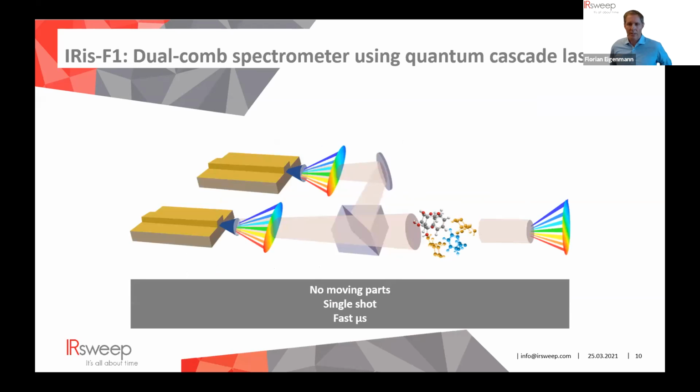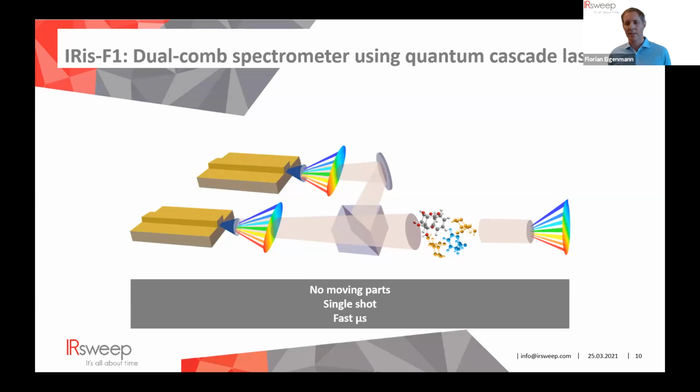I will not go into details on the 2 frequency combs, but there are 2 laser combs, which are mixed on a beam splitter and detected on a high bandwidth MCT detector. Each pair of those optical modes produces a radio frequency beat note, and the radio frequency spectrum can be measured with conventional electronics and represents the optical spectrum.